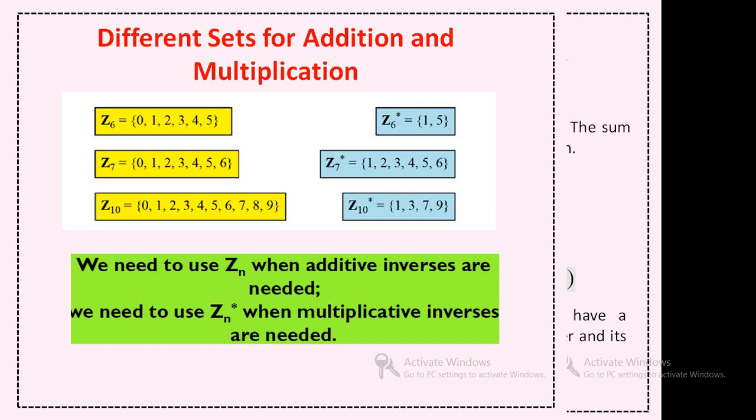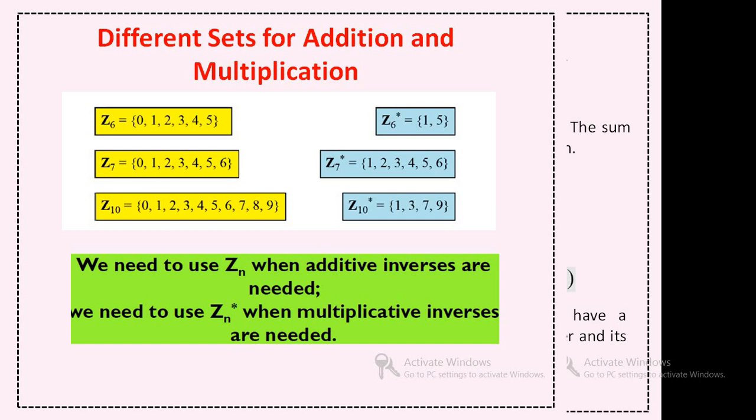Can you tell me, for Z6, if you consider 5 as the element, what should be the multiplicative inverse of it? Very quickly you can say, without involving the algorithm. What should be the multiplicative inverse of 5 for the set Z6, where the modulo operator is 6?